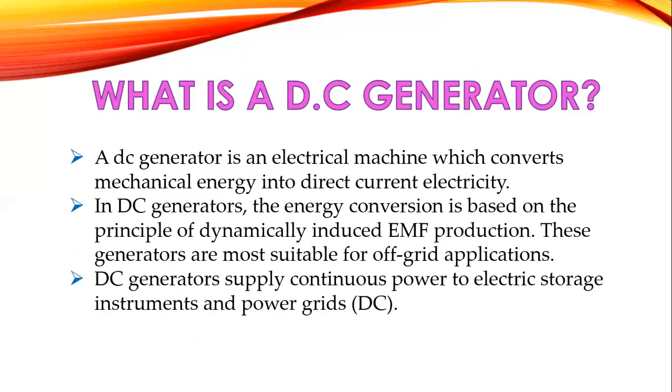What is a DC generator? A DC generator is an electrical machine which converts mechanical energy into direct current electricity.